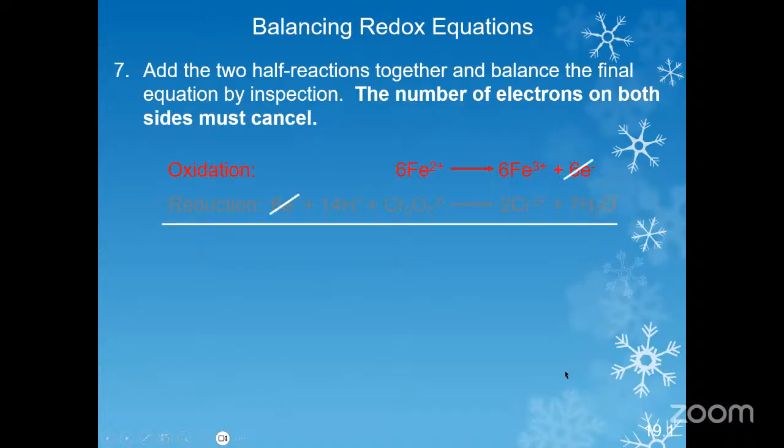And that is true for every redox equation: the electrons that are lost will be canceled out by the electrons that are gained. There's nothing else to cancel out in this case. So you write down the result of adding these two equations, which would be the final answer.